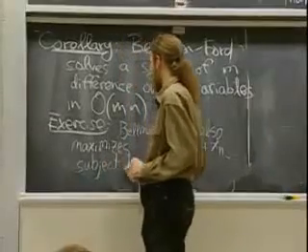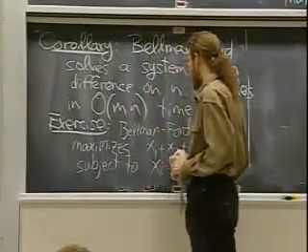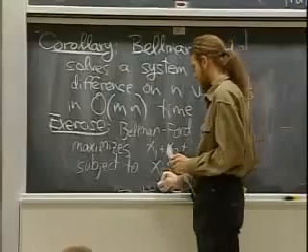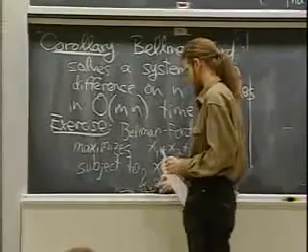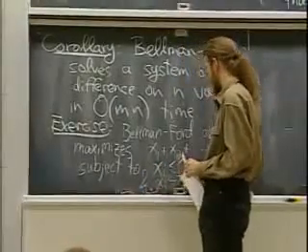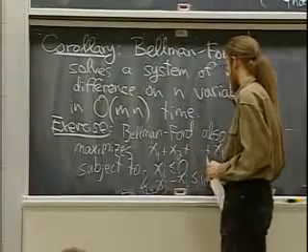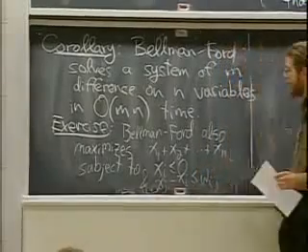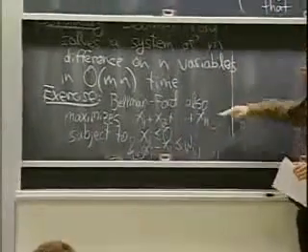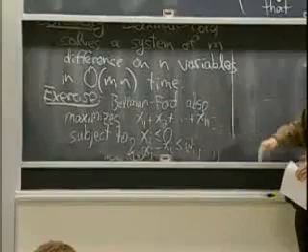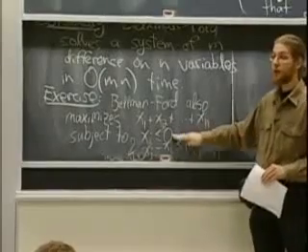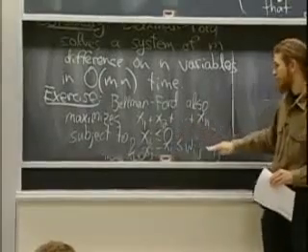Okay, but not just that. We have some constraints. Okay, this is a linear program. I want to maximize the sum of the xi's, subject to all the xi's being non-positive and the difference constraints.